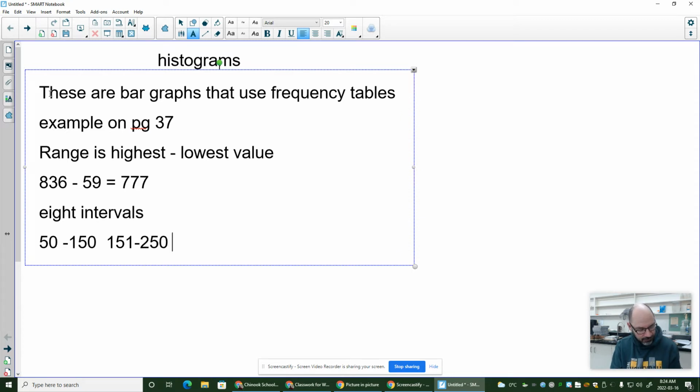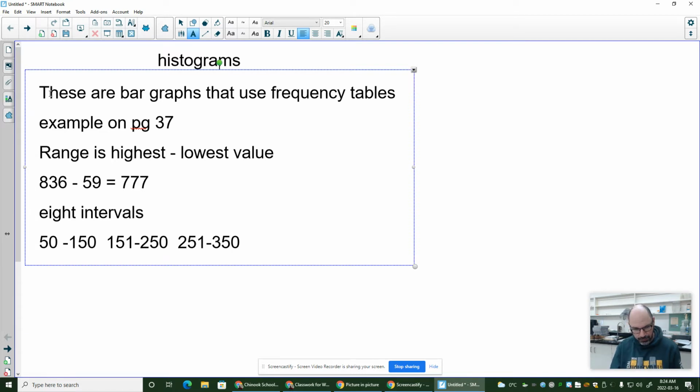And then the next one's going to be 251, 350. We'll put a line in between there so we can see it after we're done. We're going 100 wide. And then we'll put 2 spaces in there. It'll look a little better.